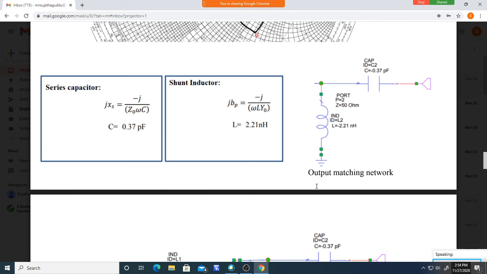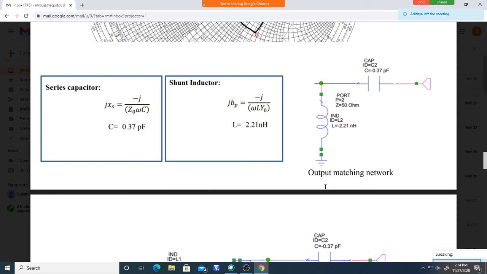Usually in amplifier design, unconditional stability kind of problems will come. So there is no need to draw the stability circles. You can just draw the gain circles and design the impedance matching network. But the stability circles may come in the fourth unit, where a separate question may come: find graphically whether the system is conditionally stable or unconditionally stable.